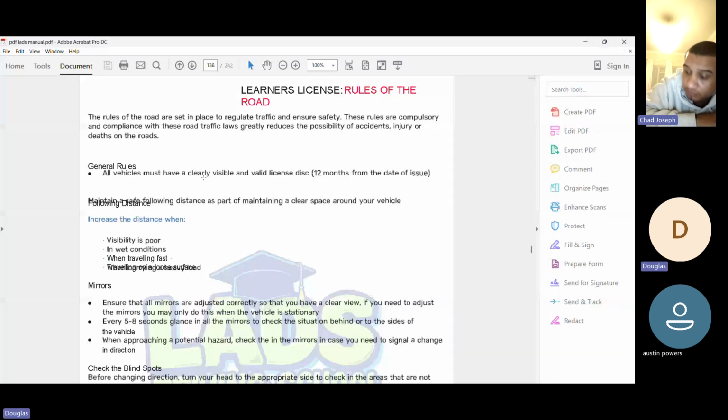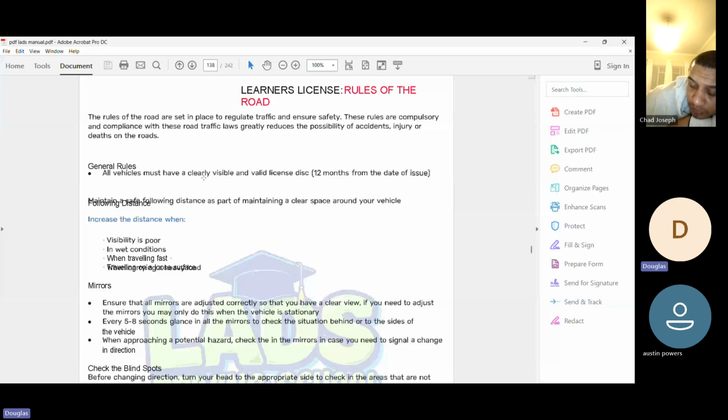So as you're driving on the road, you need to first be aware that your car has a license plate which matches with the disc and which matches with the one at the back. If any of these things are missing, depending on the type of car that you're driving, it is a violation. Some vehicles, like a bike, not a car, a vehicle like a bike, are permitted to have only one license plate.